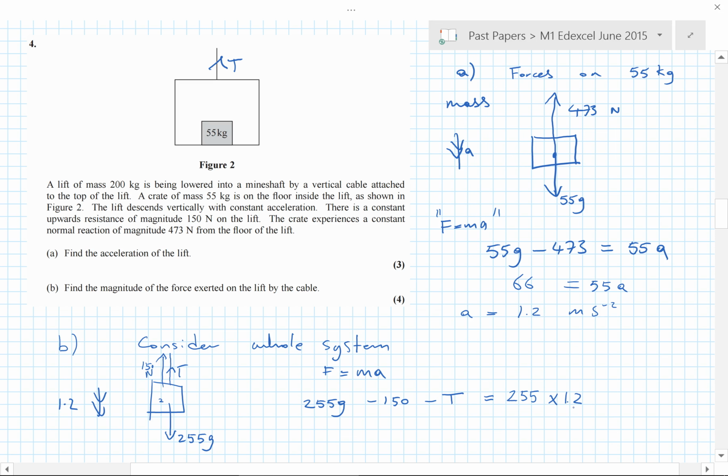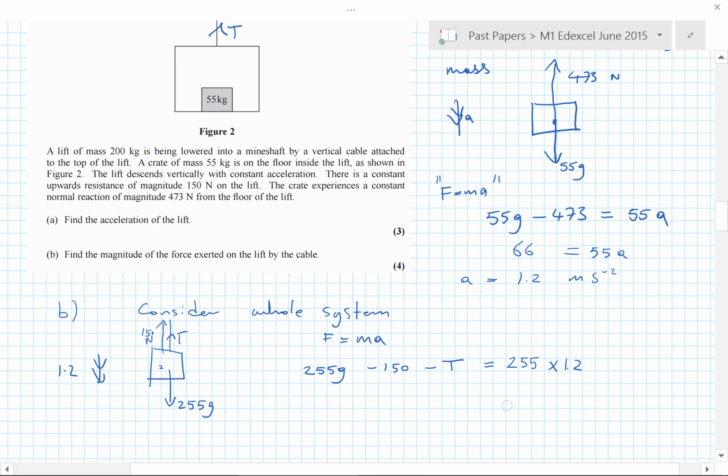Okay, so when we work all that out, we get T is equal to 255G minus 255 times 1.2 minus 150.